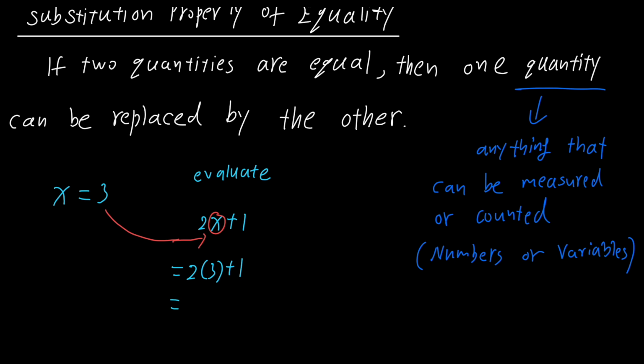And then follow the order of operation. Does it have a parenthesis? No. Does it have multiplication or division? Yes. Then we have to do it first, and then do the operations like addition or subtraction. So 2 times 3 is 6, and then plus 1. Then 6 plus 1 is 7.